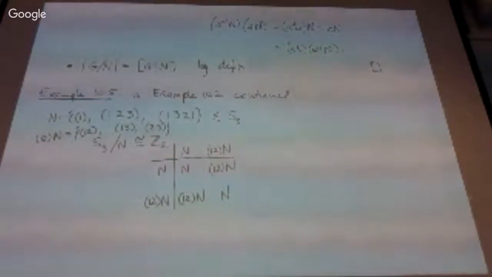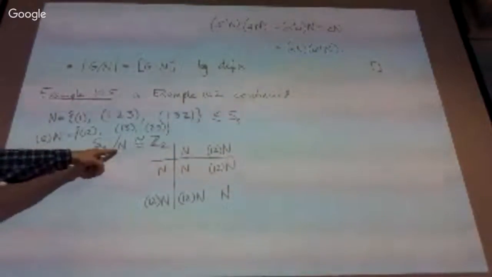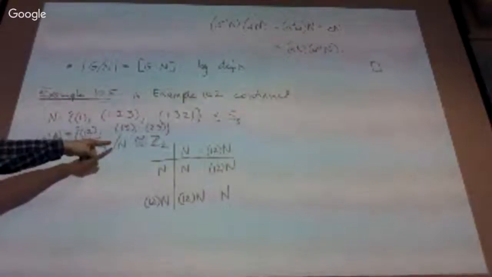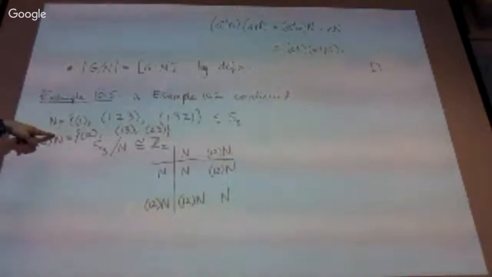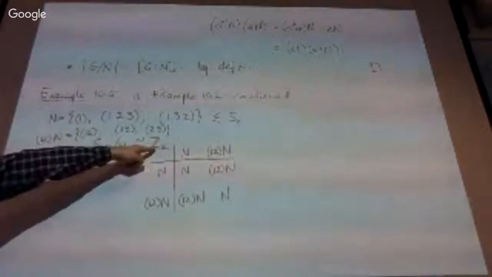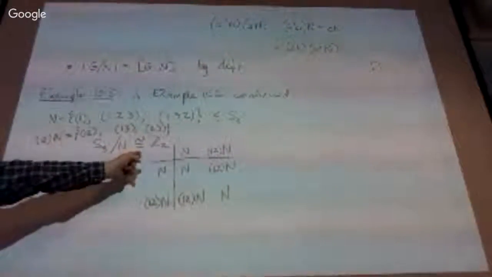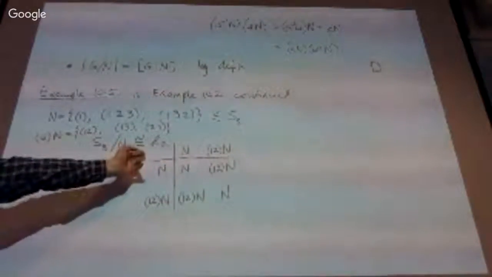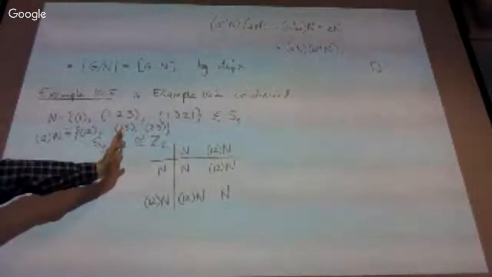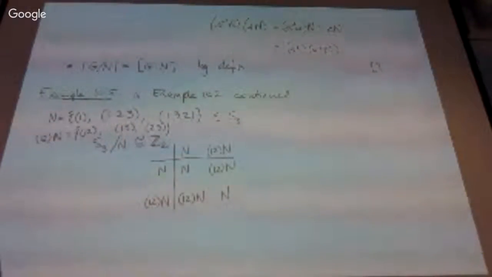So the elements of the factor group are not the numbers 0 and 1. They're this set and that set. The elements of Z2 are the numbers 0 and 1. So that's why they're not equal, but they're isomorphic, which is a concept you should know.